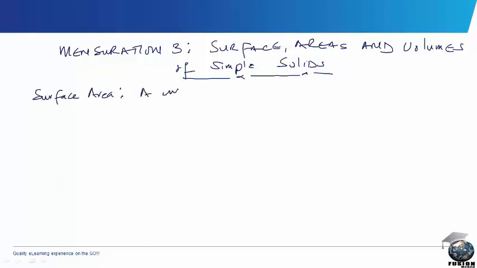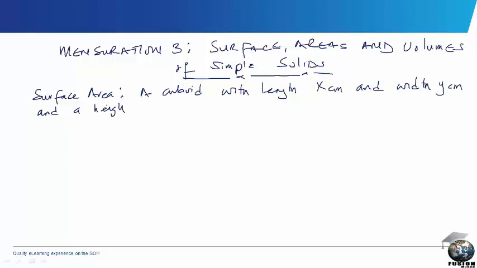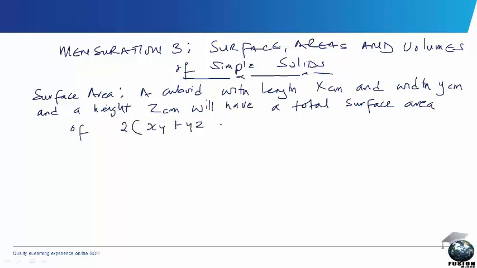A cuboid with length x centimeters, width y centimeters, and height z centimeters will have a total surface area as follows: 2 times (xy plus yz plus zx) centimeters squared.